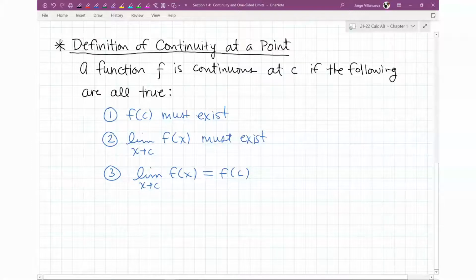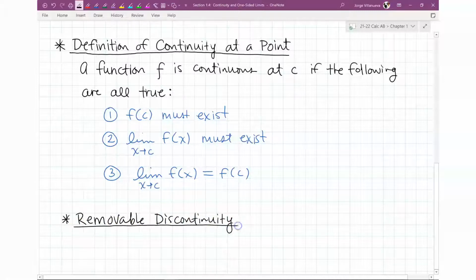Now, let's talk about something called removable discontinuity. Like, can you fix it? I always tell people, it's kind of like, you guys have seen the little cartoons or the story of a little boy or maybe even a cartoon character walking by a dam and noticing there's a leak.